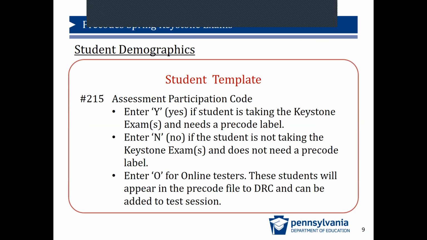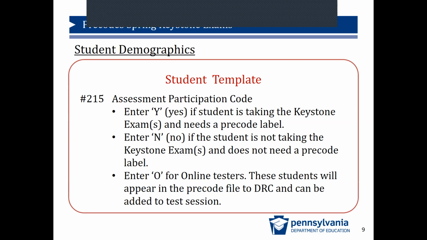These students will appear in the precode file to DRC and can be added to test sessions if a student changes to Y. Although online testers do not need a precode label, it is a good idea to submit those students. This is so that the data file sent to DRC will be inclusive of all students and provide flexibility for the LEA.